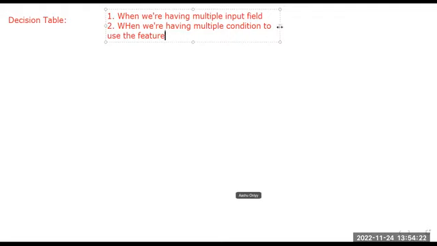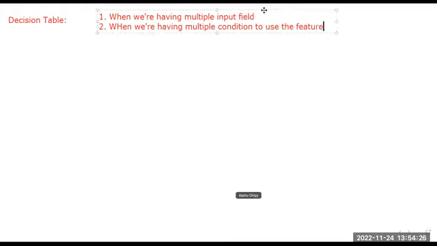So there are two possibilities. If you are testing functionality with multiple input fields, you can apply it. If some fields have multiple conditions, you can also apply the decision table.